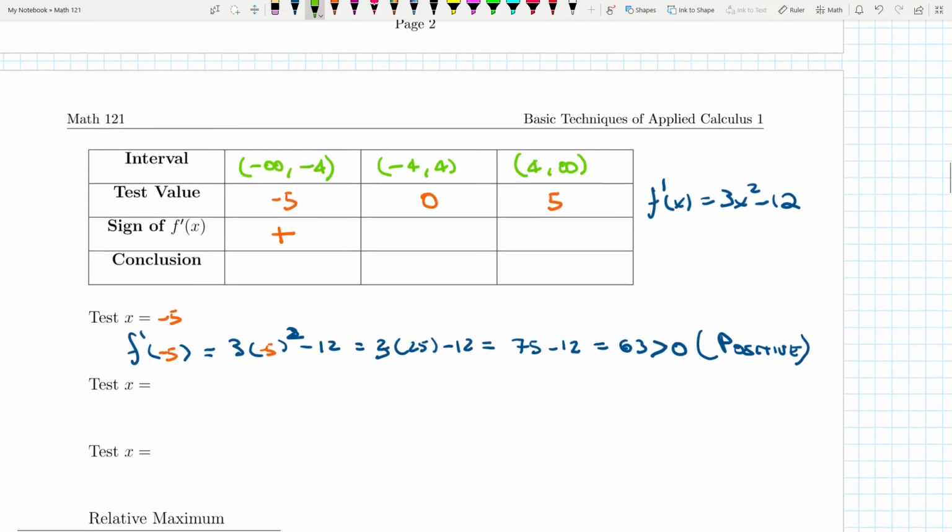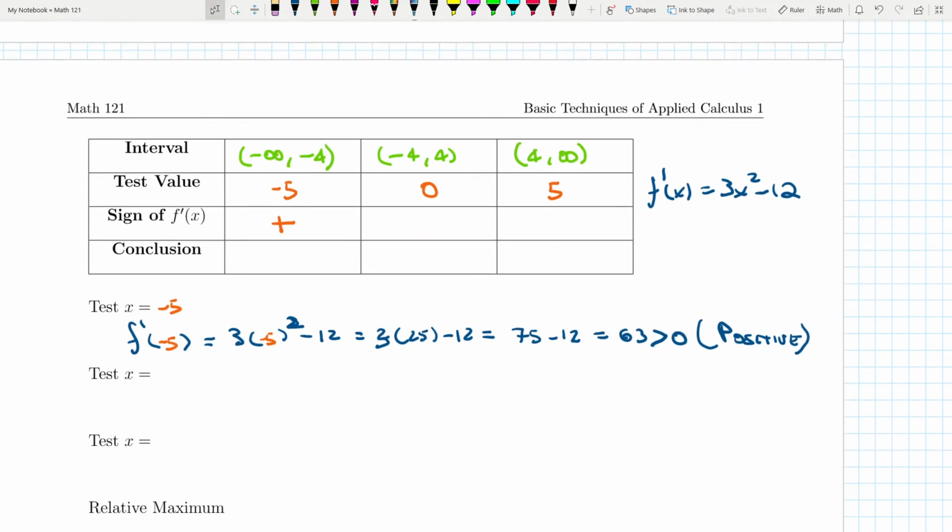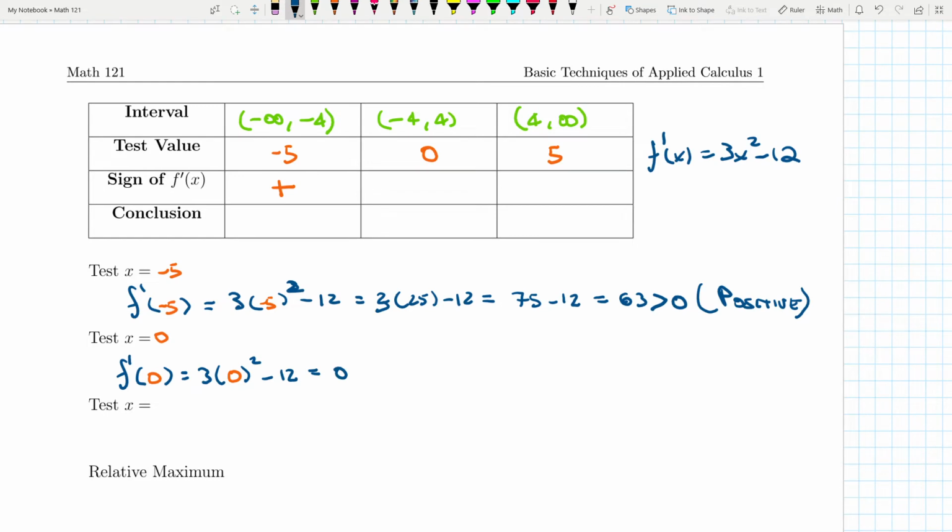Okay, let's do the second test value. Test x equals 0. So f prime of 0 equals 3 times 0 squared minus 12. Let's plug in 0. That equals 0 squared, which is 0, times 3, that's 0, minus 12, that equals -12.